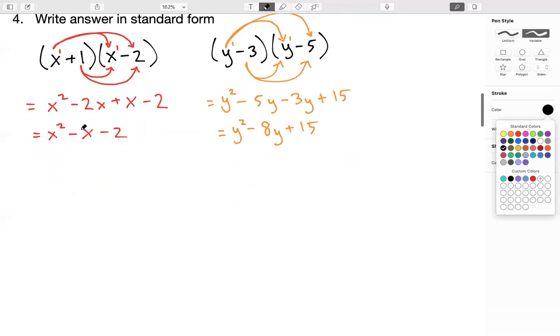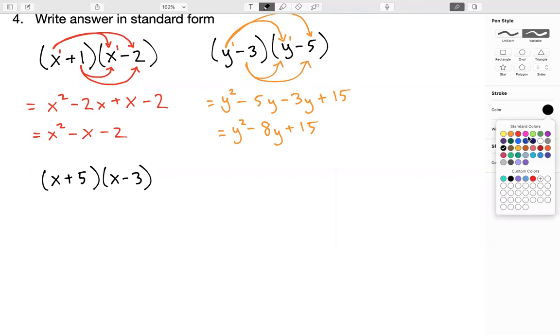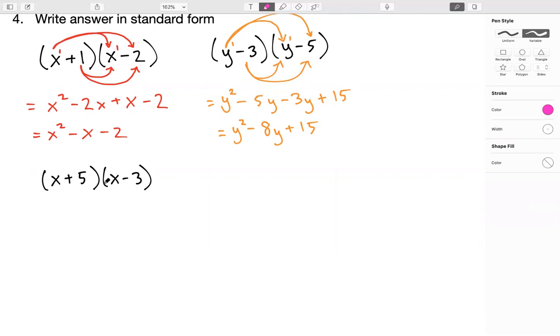Let's keep doing these. The repetition really helps. X plus 5 times x minus 3. And I encourage you to pause the video and take a try at this yourself. Assuming you've paused it and given it a go, we draw our arrows. X times x, x times -3, 5 times x, 5 times -3. Double distribution.